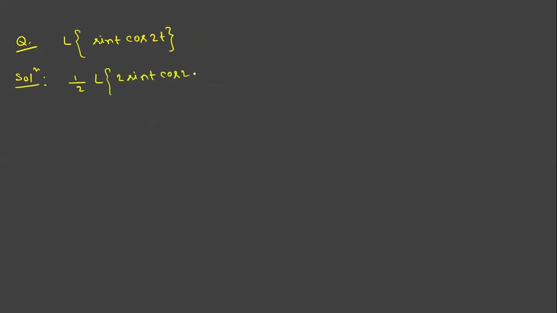Yes or no? And you know the formula for 2 sin a cos b. What is the formula of 2 sin a cos b? This equals sin(a+b) + sin(a−b). Yes or no? Just apply this formula.